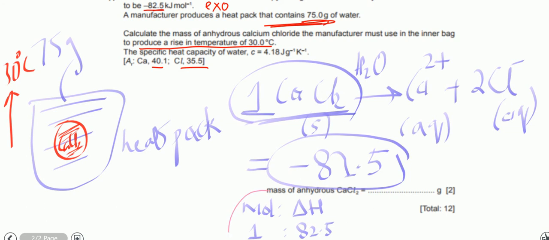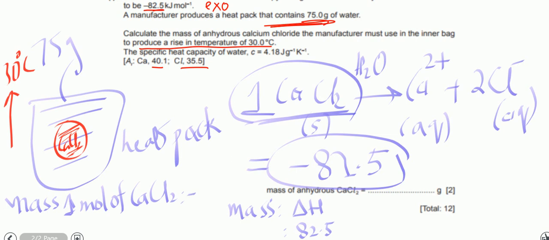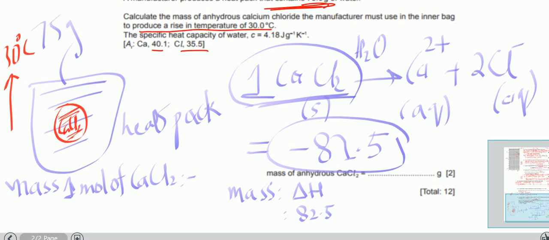So instead of moles over here, I'm going to calculate the mass. We're going to see how much mass 1 mole of calcium chloride has. So how can we find this mass?